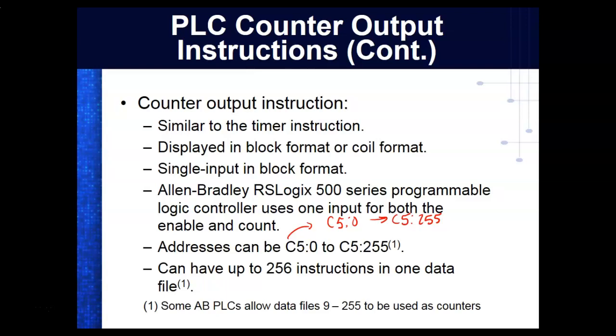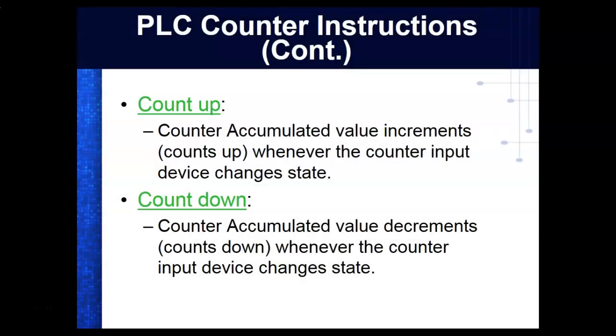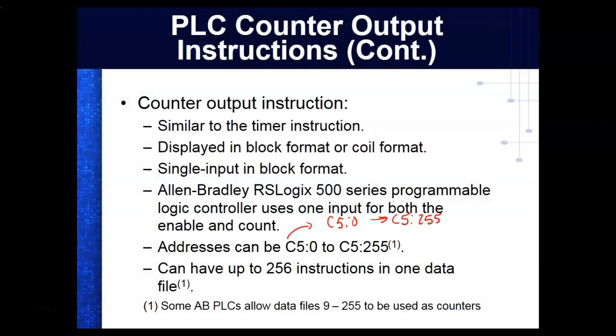But actually, we give these numbers and it seems like a lot. So I could have up to 256, but each one of them is going to require three words of memory. So what actually determines the number you'll end up being able to put into your PLC is how much memory is actually in your PLC itself.